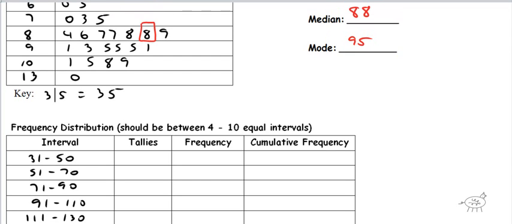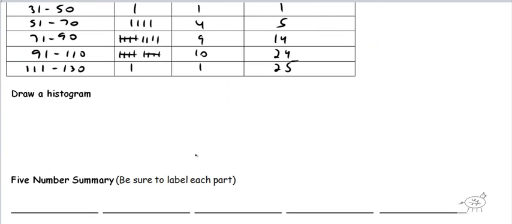I would get 1 of those, 4 of those, 9 of those, 10 of those, and 1 of those. So the frequency, just add up the tallies, is 1, 4, 9, 10, 1. Cumulative frequency, really easy. It's 1, 1 plus 4 is 5, plus 9, 14, plus 10, 24, and plus 1 is 25. Okay, number of pieces of data. Pretty easy. Let's make a histogram.